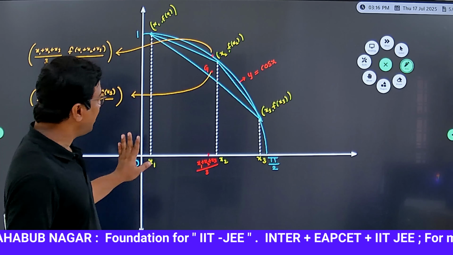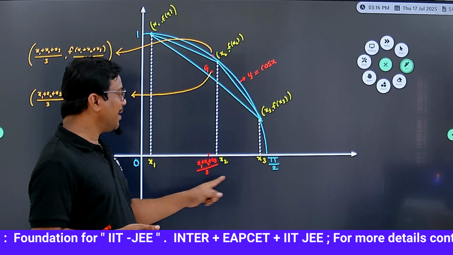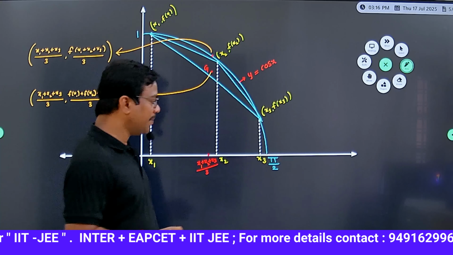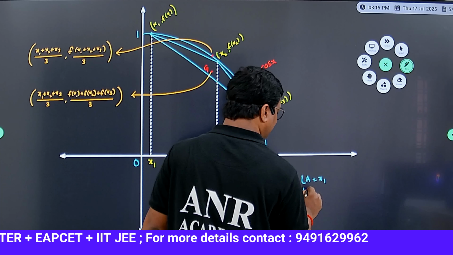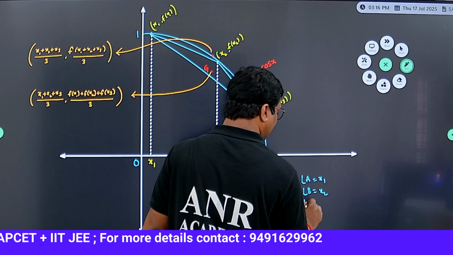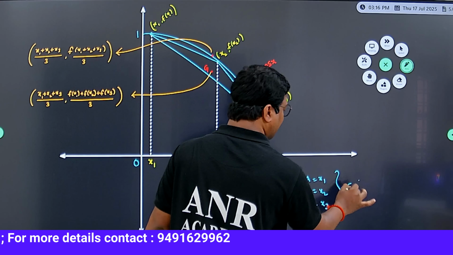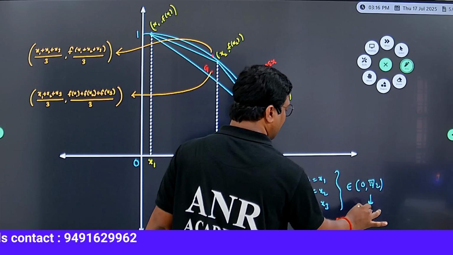Suppose A, B, C are acute, because they are in between 0 to pi by 2. Suppose angle A equals x1, angle B equals x2, angle C equals x3, and all three belong to 0 to pi by 2. That is acute.